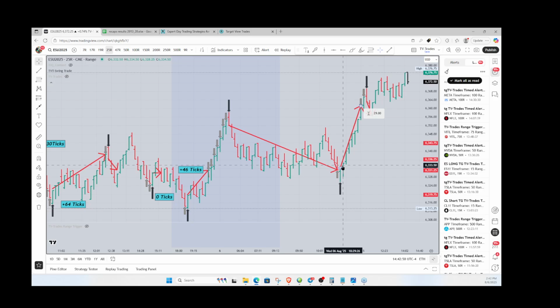It'd probably be about 32 ticks, something in that range. With the 19 range, I use a 25 tick stop, so it's 6 bigger than the 19 range. With the 25, about 30, 32, maybe 35, something like that would be about the right stop, I think.